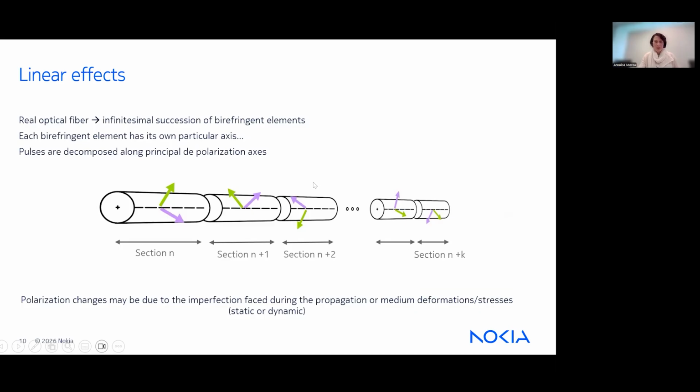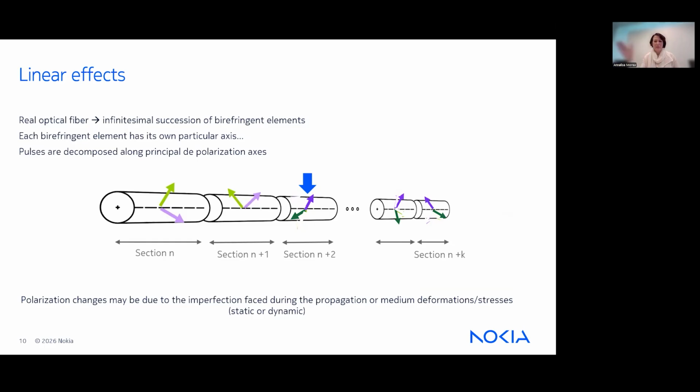So we may have stress that can be static, like for example the curvature of the conduits where the fiber is put for the installation, but then we may also have some dynamic stresses, like some vibration or someone that moves the fiber. And so when a stress acts on the fiber, we will see that the state of polarization will change.